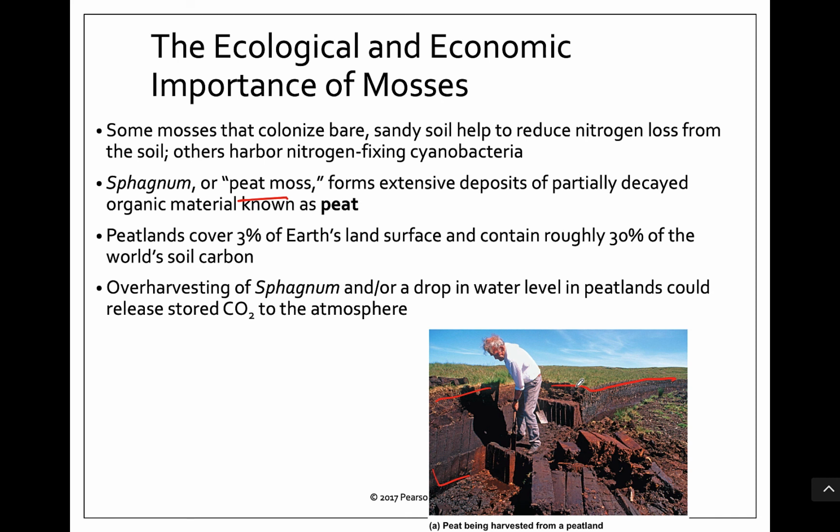As they dry out, they become warmer, the level of water drops, and it exposes the peat down underneath the ground to the air, and it starts to decompose them. And as peat finishes its decomposing process, it's going to release carbon dioxide to the atmosphere, then compounding the global climate change.